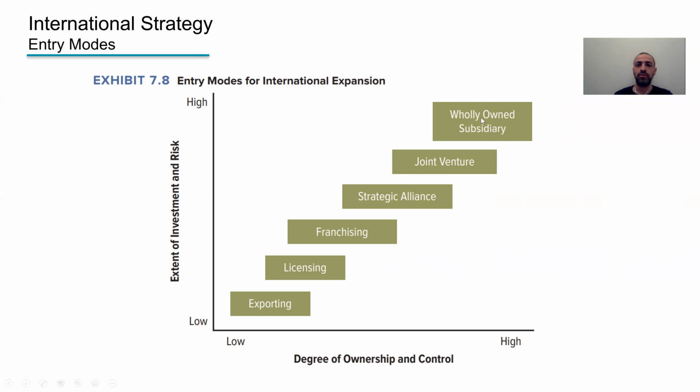As you go to the wholly owned subsidiary, like Nestle or Toyota, the degree of ownership and control is high, and on the other hand, your investment and risk should also be high. I think this is the mistake that LNC made: they went through a wholly owned subsidiary in a country where lots of affecting factors were there.